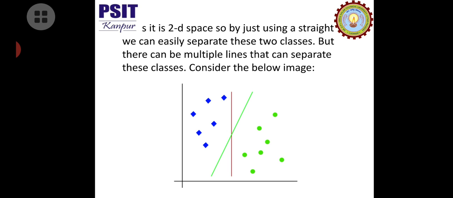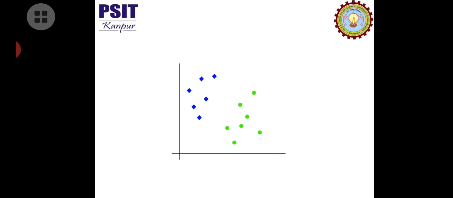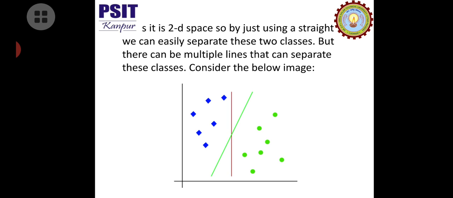In this diagram you can easily separate these two data sets, which is visible. So the main problem is that now you have more than one straight line. Are you getting my point?